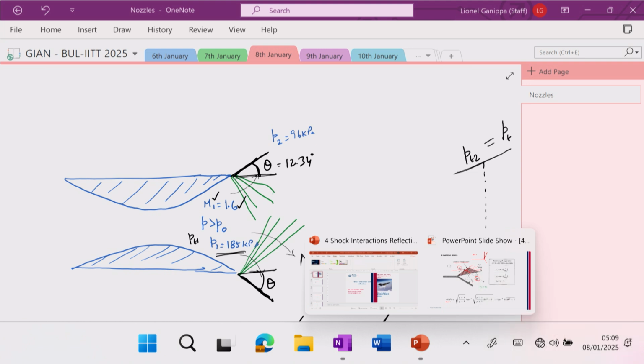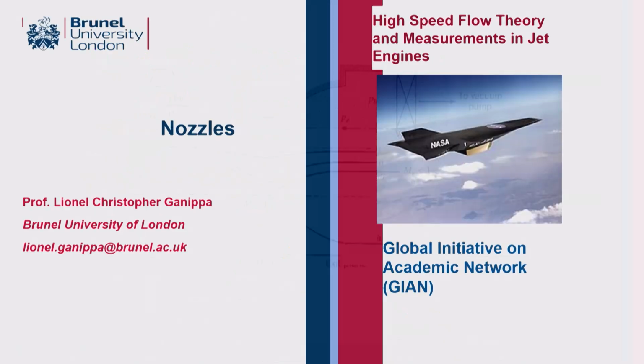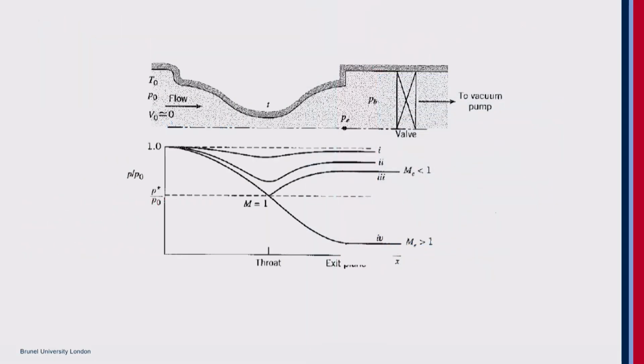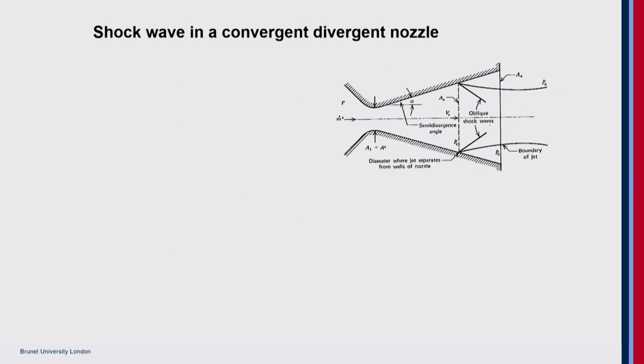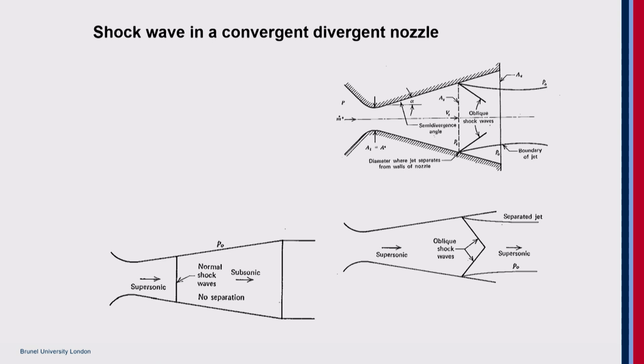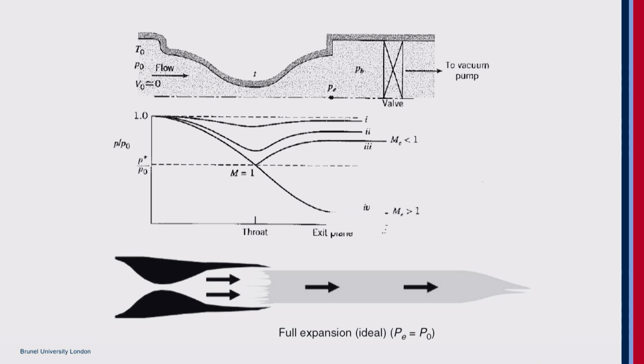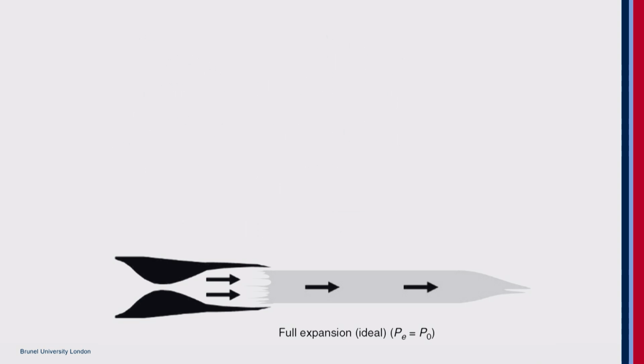Now let's finally summarize everything. This is what we have just covered. We looked at the experiments, situations where you have an oblique shock and where a normal shock is also possible. When it is perfectly expanded, you will not get any shock waves.